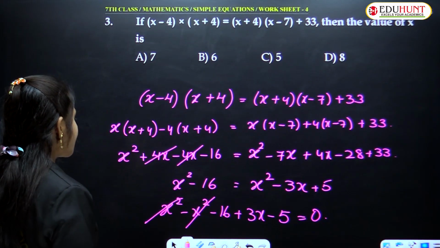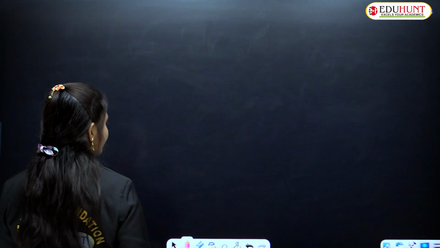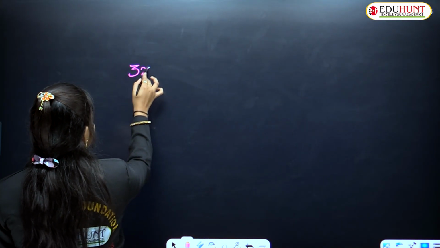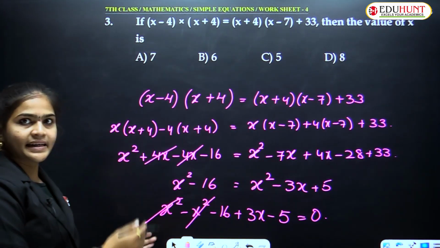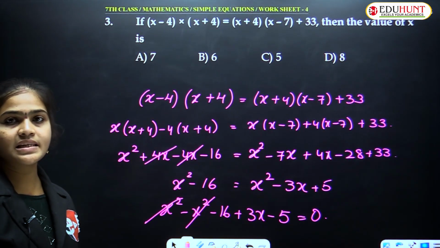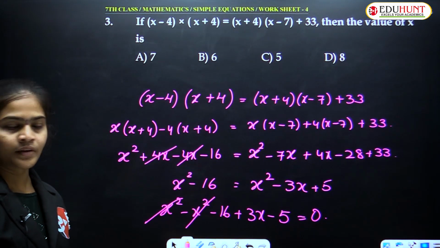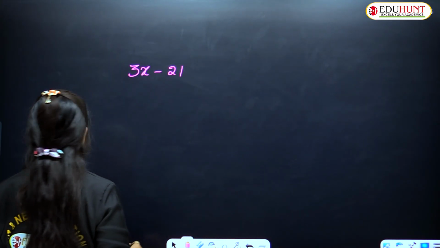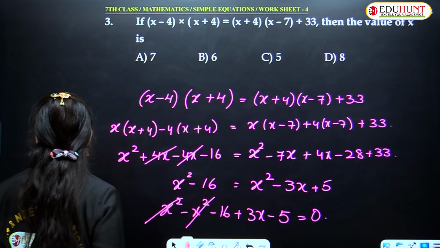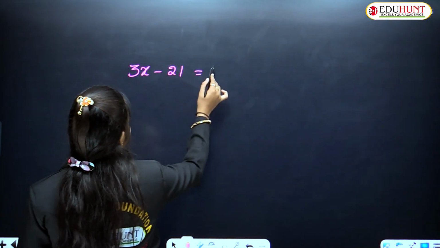Understand, ma? Next, 3x, and here minus 16 minus 5, which is equal to minus 21. See here, minus 21. So here all the terms from LHS and RHS are completed and equal to 0, no?